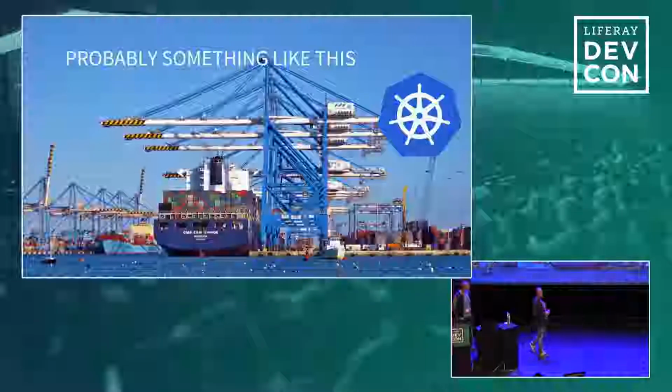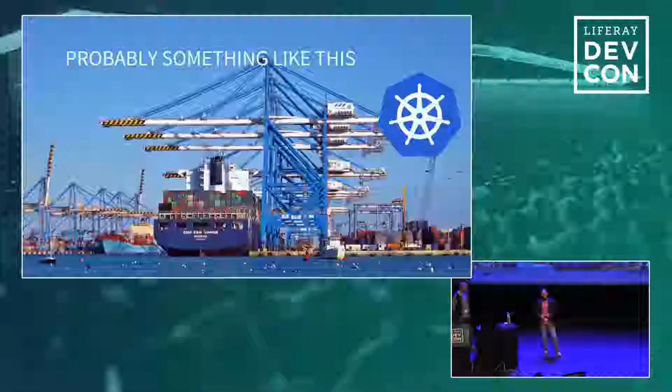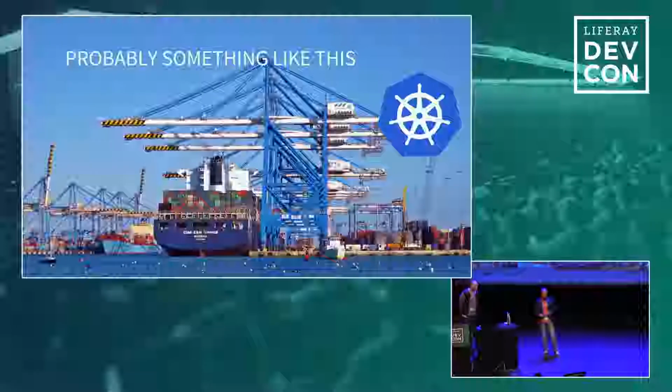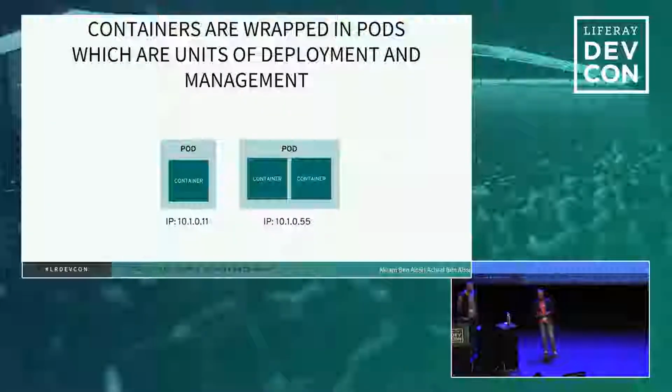We need this kind of tool, which is a container orchestrator. The most famous now, which we are also using on OpenShift, is called Kubernetes. Kubernetes provides many helpers. First, it gives the ability to package your containers when they are running in a wrapper called the pod.